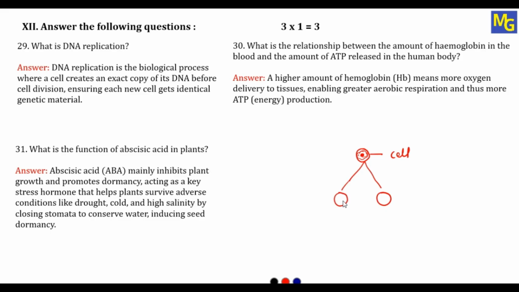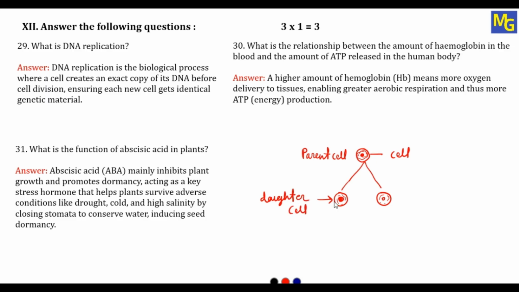So this is mitosis. Here the daughter cell will again have a nucleus and all the cell organelles exactly the same as the parent cell. So if this is the parent cell, I'll write it here, parent cell, then these two are daughter cells which we have got from the parent cell.